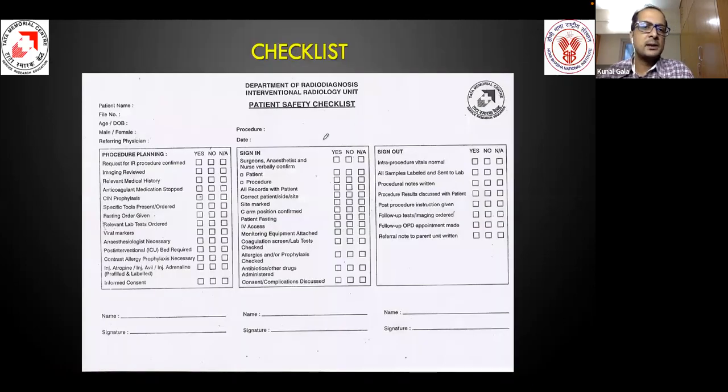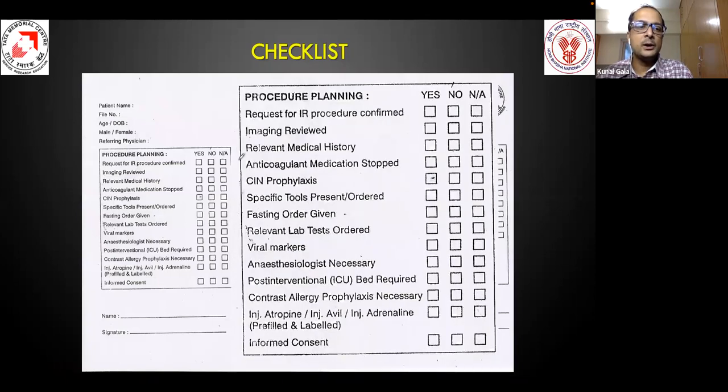So this is a checklist which we prepared. This was a CIRSE checklist which we modified according to our departmental protocol, and the doctor needs to sign off this procedure after confirmation of all the investigations, whether they are performed, whether the patient has been explained and counseled.